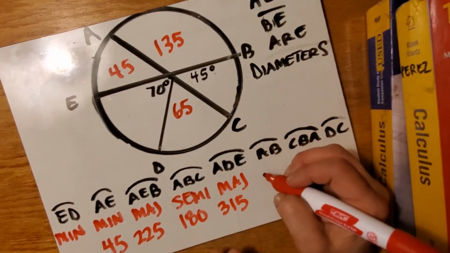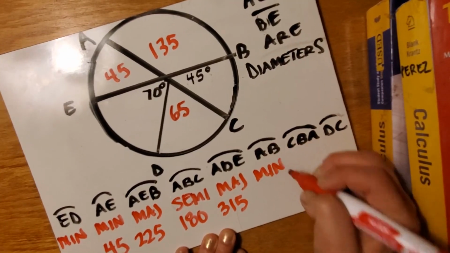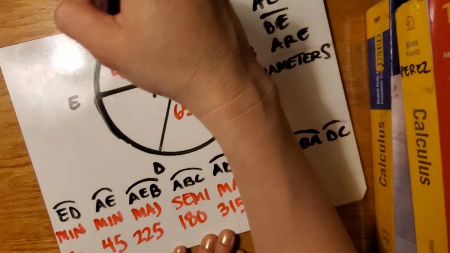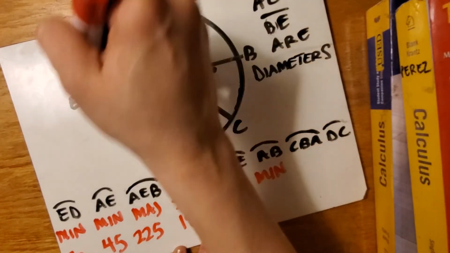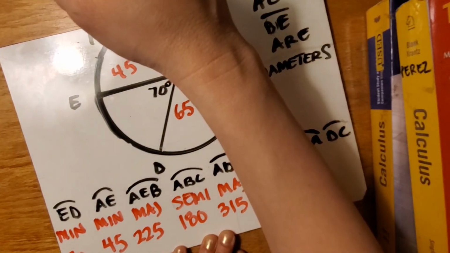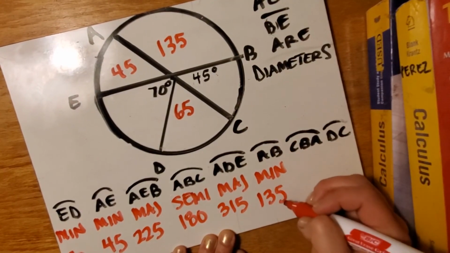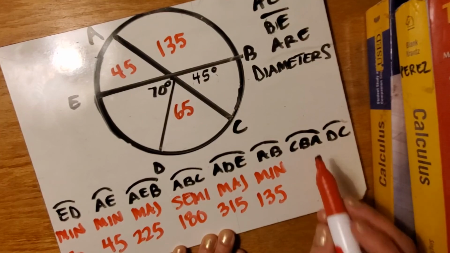Arc AB, only two letters, tells me right away that's a minor arc. I wouldn't go all the way around, because that would be bigger than 180 degrees. So from right here, that's 135 degrees. CBA.